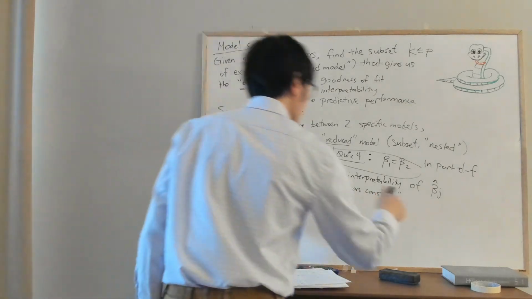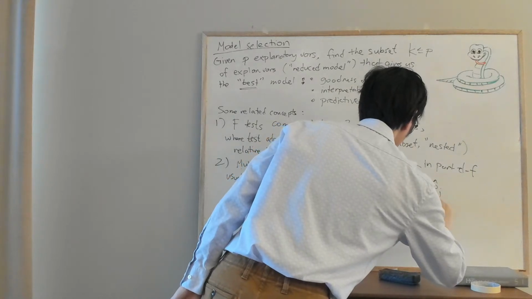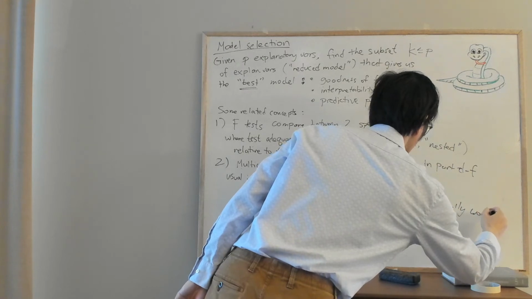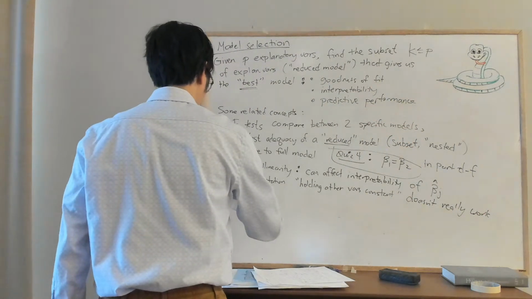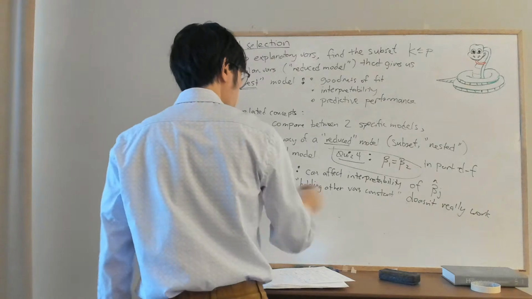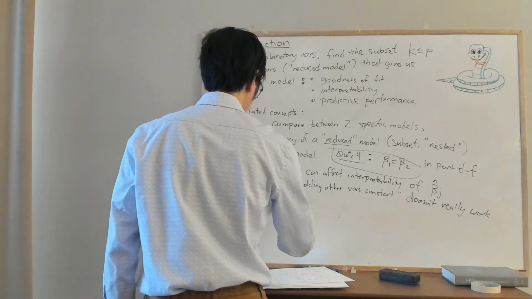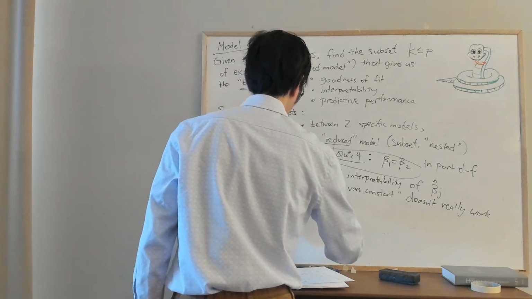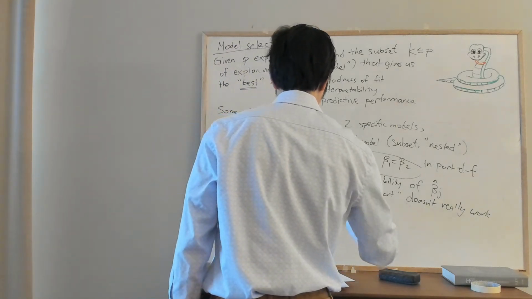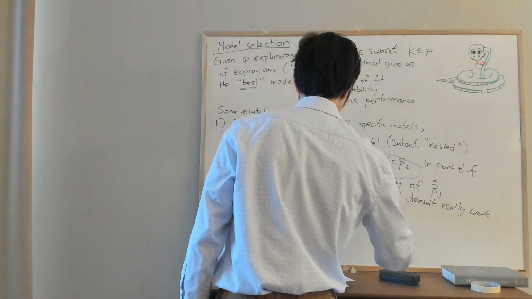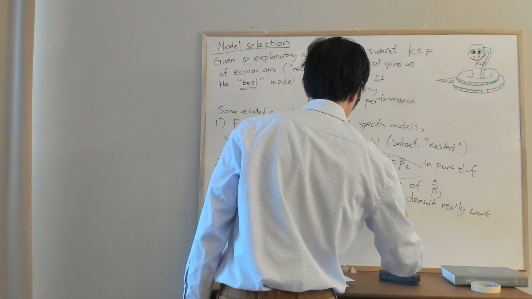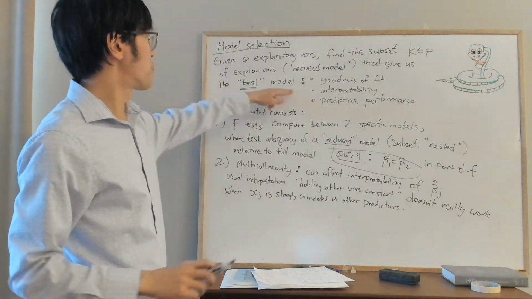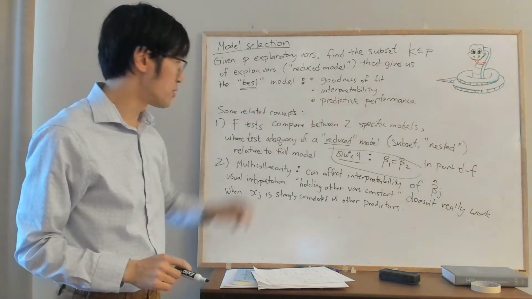Holding constant doesn't really work when x j is strongly correlated with other predictors. So that's an example of what we mean by interpretability.